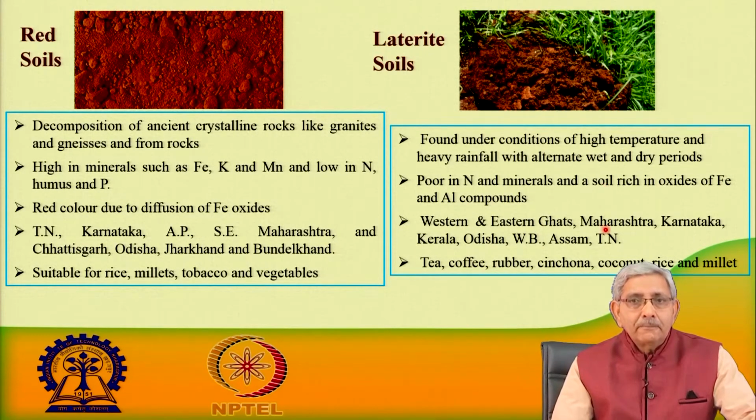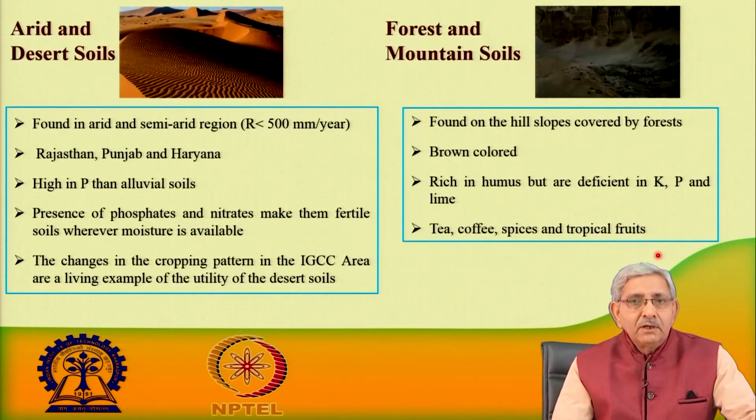These soils are rich in iron and aluminum, but are acidic in nature, and are suitable for cultivation of tea, coffee, rubber, and many other crops, where micro irrigation and sprinkler irrigation systems are applied, and you may find that these crops are being irrigated in different regions. Arid and desert soils.